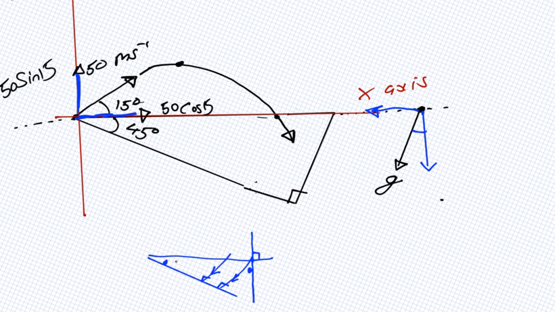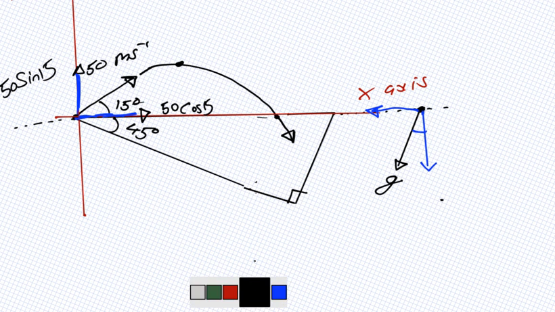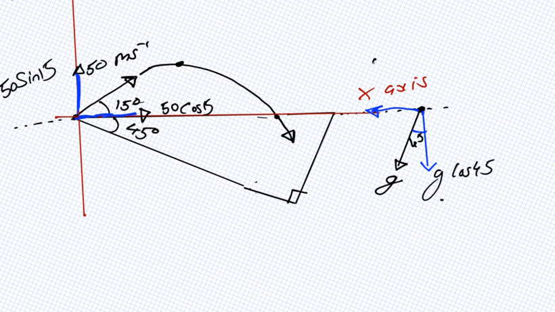The logic is that this is a triangle, this is 90 degrees, so this angle will be 90 minus that angle, so in other words that angle there. A little bit tricky maybe to figure out, but that angle there is 45, so this is g cos 45 this way, and this is g sine 45 that way.